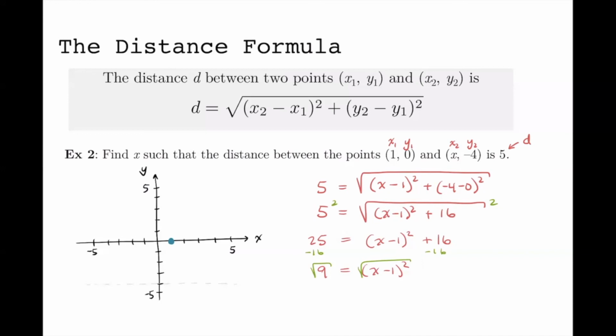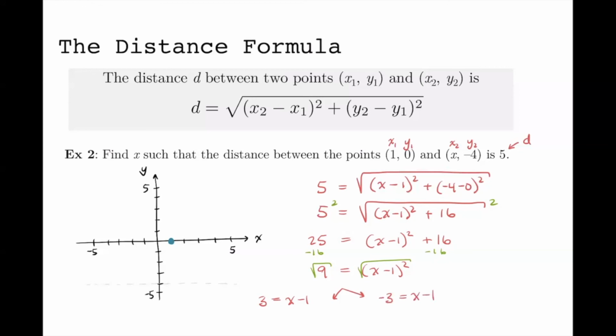Okay, so we need to basically get two different equations here. We're going to have one where the left-hand side will become positive 3, no more square. And then we'll have another one where the left-hand side will become negative 3.